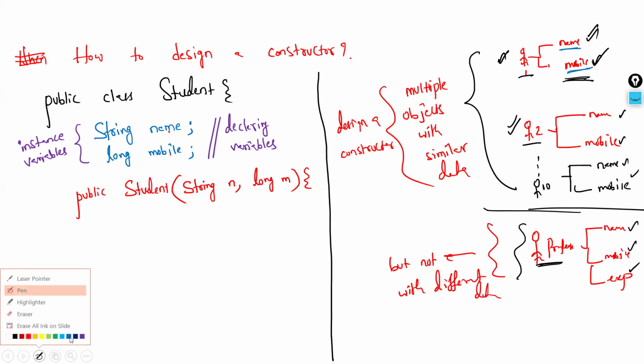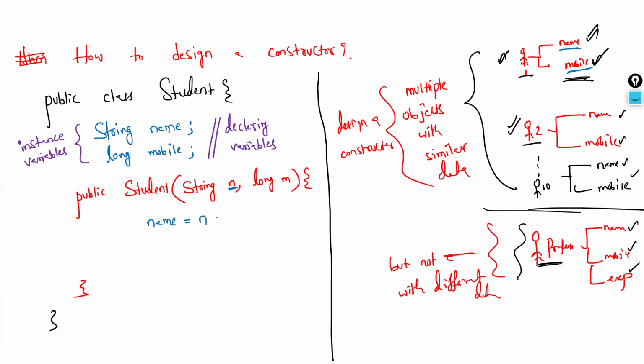Take the constructor parameter variable, that is n, and assign it to the instance variable called name, then semicolon. Then the second variable, m, we assign to mobile.